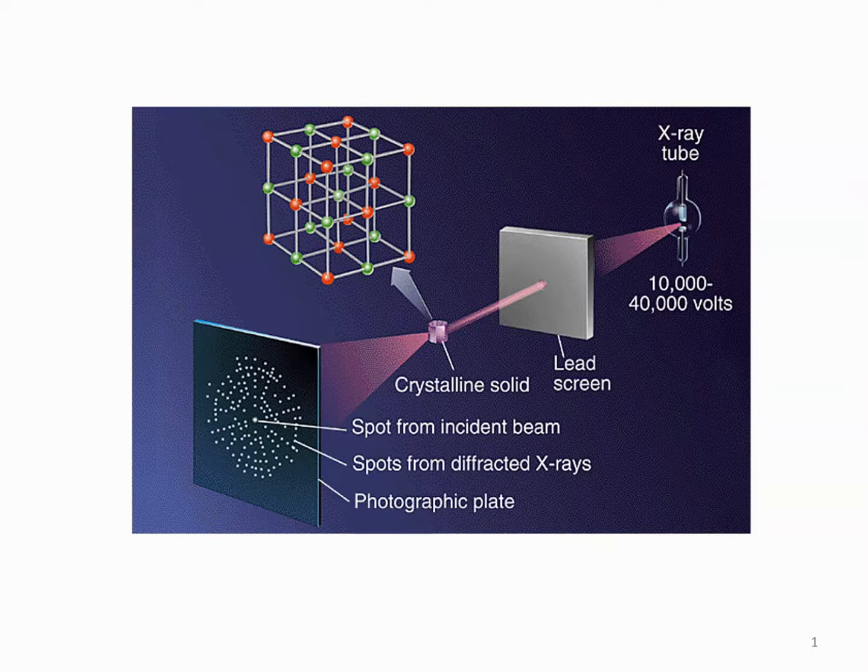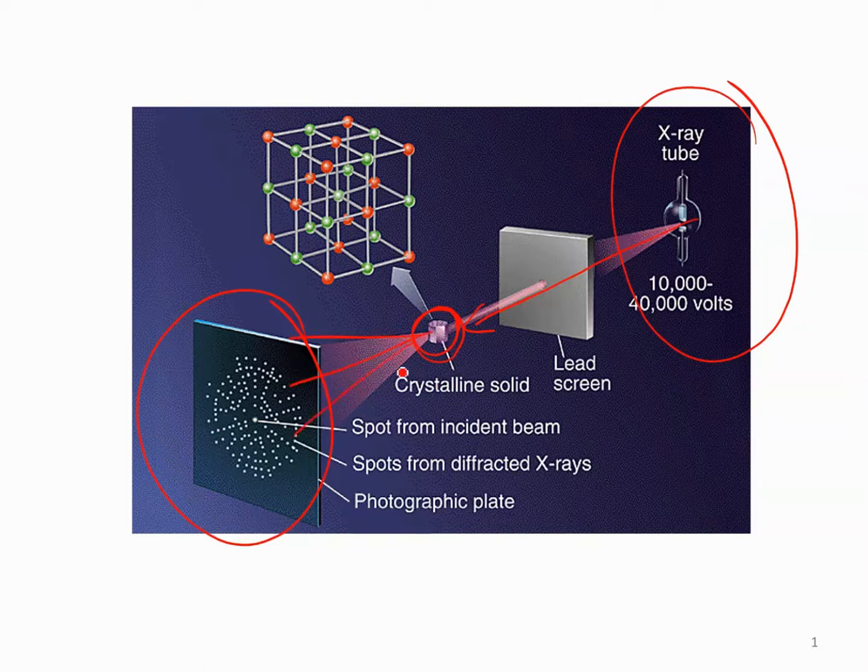But at this moment, I just tell you that you just need the X-ray and then the camera recorder. We shoot the X-ray at the compound, the solid, or the single crystal material. Then the X-ray will interact with the electrons inside the crystalline solid and produce diffraction.